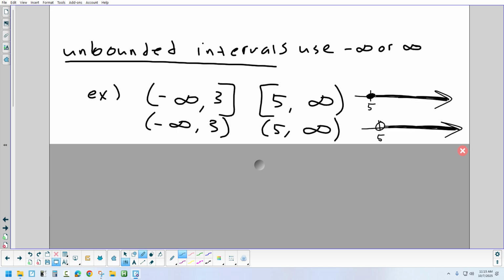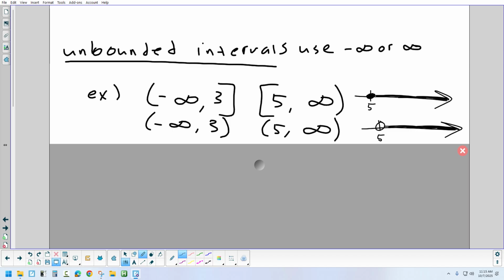Notice, what kind of symbol do you always see next to an infinity when you write it in set notation? It's always a parenthesis. Always. You cannot put a bracket on infinity. Putting a bracket on something means you can actually include and reach that number. You can't reach infinity. So never put a bracket on an infinity symbol. That doesn't make sense.